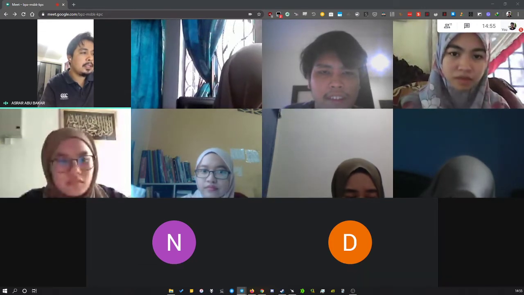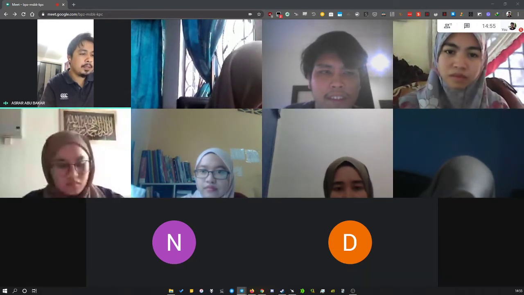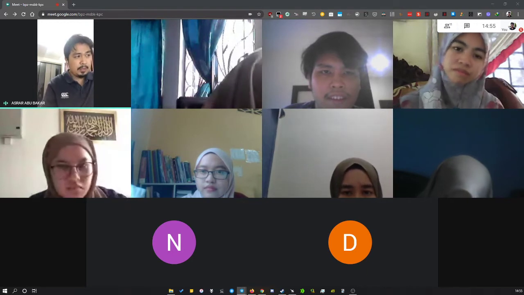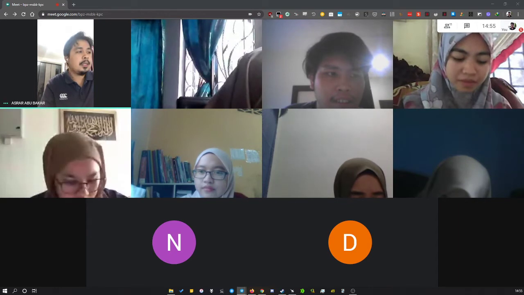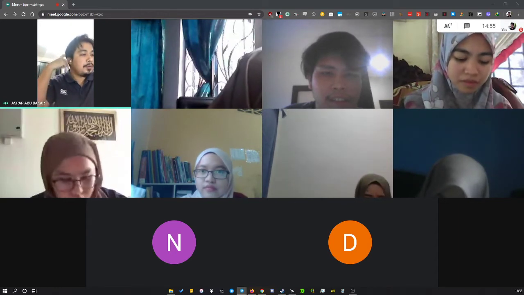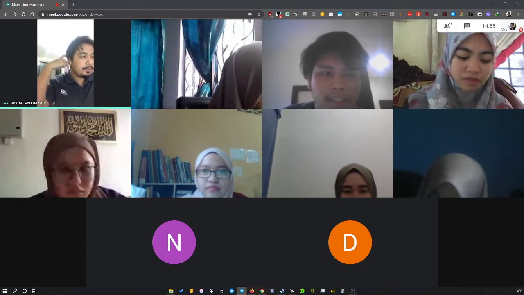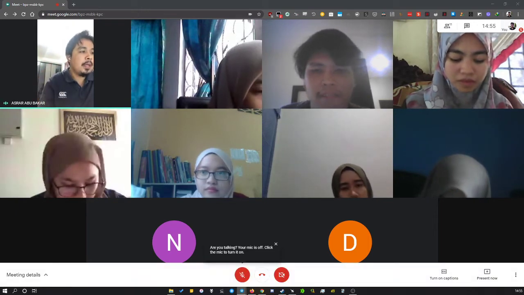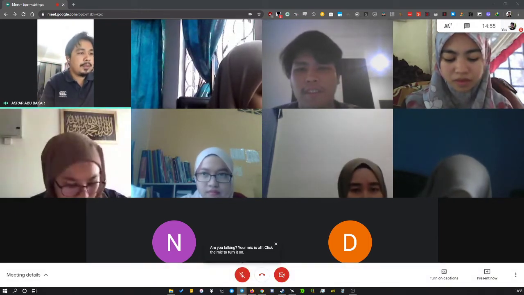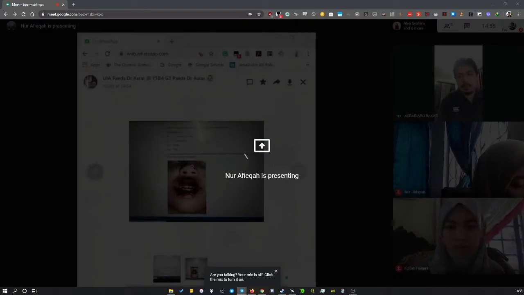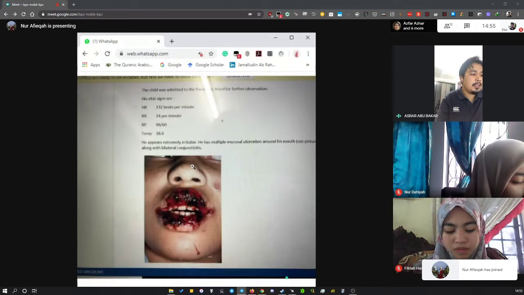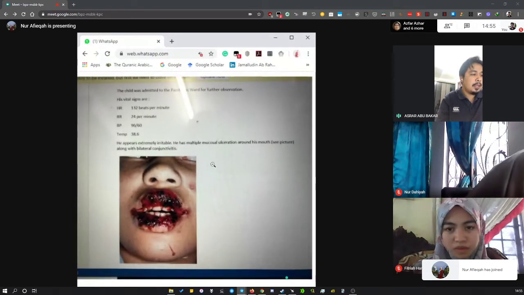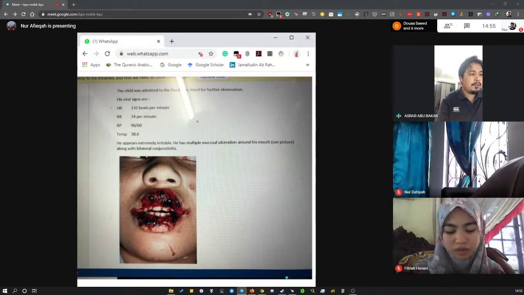So I think that's acceptable, maybe slightly on the low side. And then we have a temperature of 38.9, so 38.6. He appears extremely irritable. He has multiple mucosal ulceration around his mouth, as you can see in the picture, along with bilateral conjunctivitis. Okay, so what do you think about the vital signs?